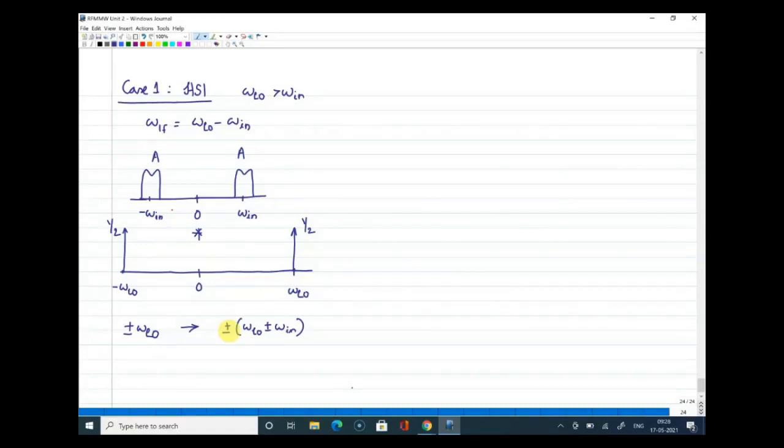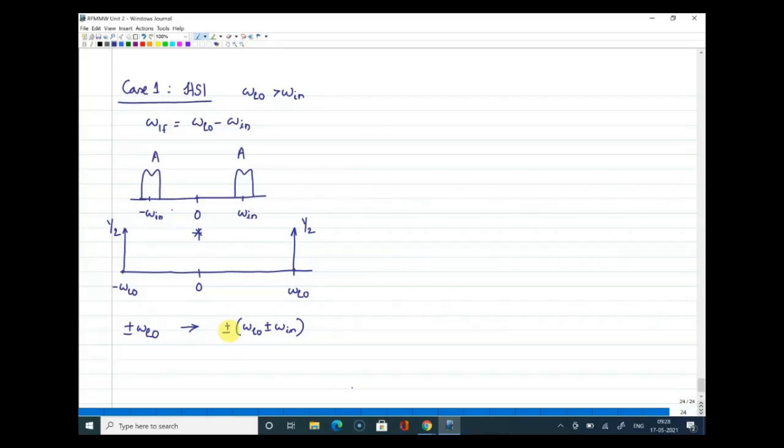Here it is straightforward. When you start with a cosine wave, the amplitude remains the same, A by 2, and you have four frequency components, and you will be choosing two out of those, right? I'm not performing graphical convolution here by reversing the signal and running it over the other signal. Rather, I'm just directly writing the frequency components.